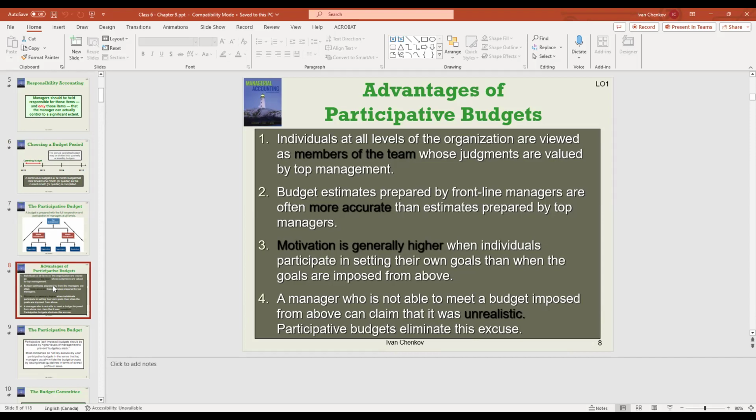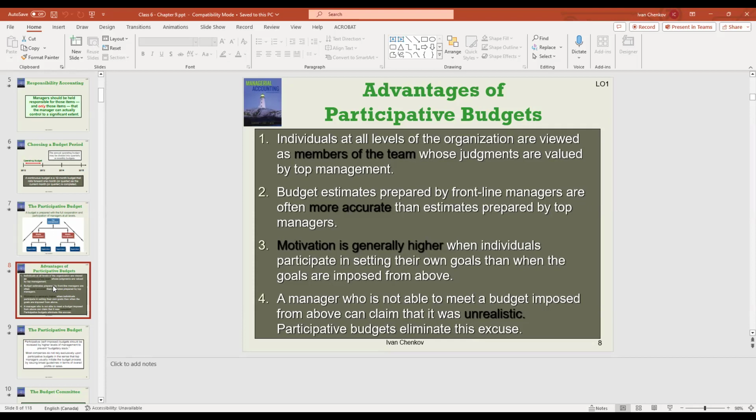Since they know how they use the resources and how much they need, that budget will be more accurate in its estimates. Once we give people the power to make decisions and to participate in the preparation of the budget, that's going to motivate them. You have to understand the motivation of the people that you're managing is not always going to come from the high paycheck that you might give them.